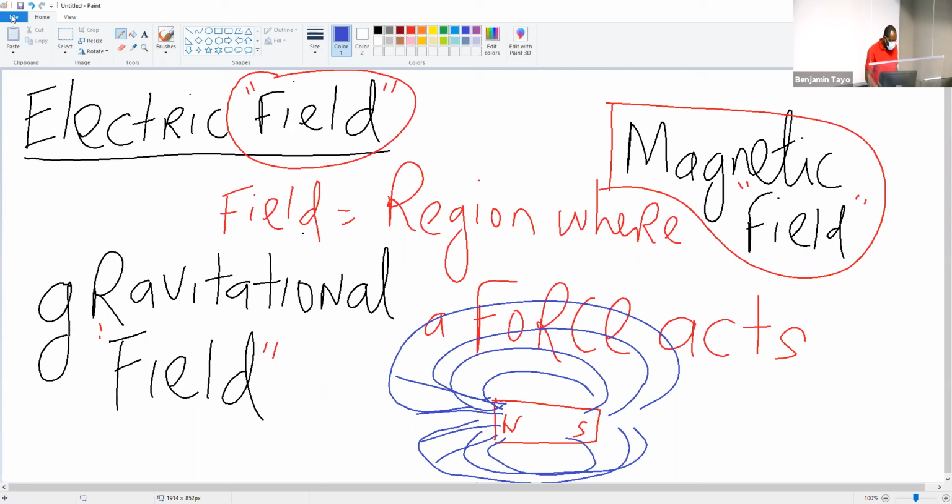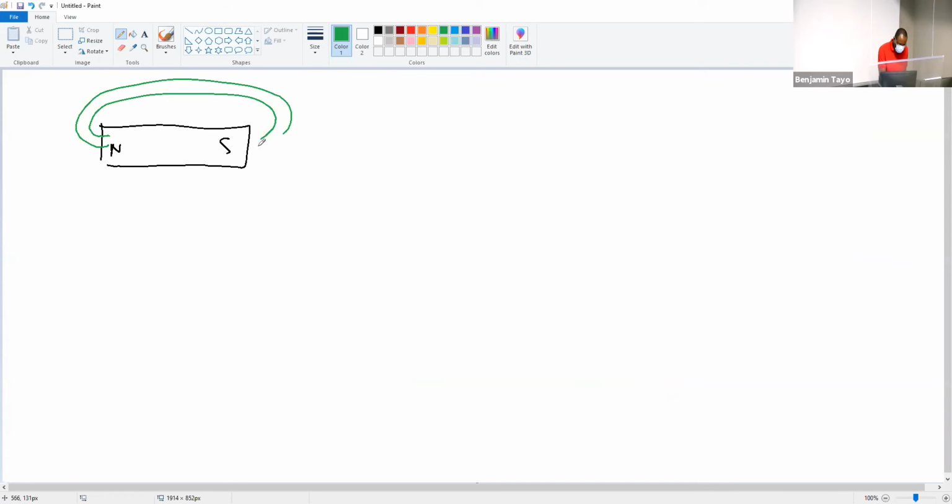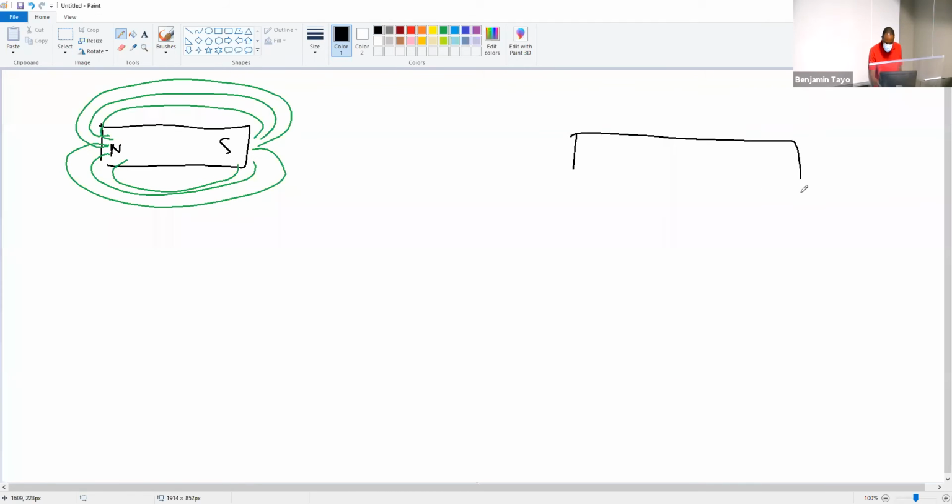So let me open again. Let's suppose that we have two magnets here. So this is north, this is south. And then I'm just going to draw some field lines. Again, this is south.